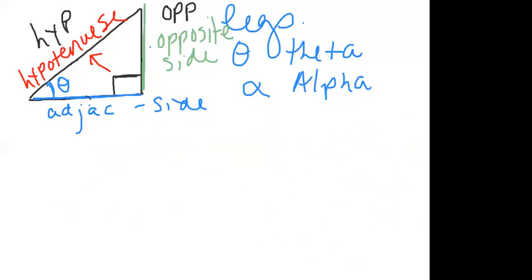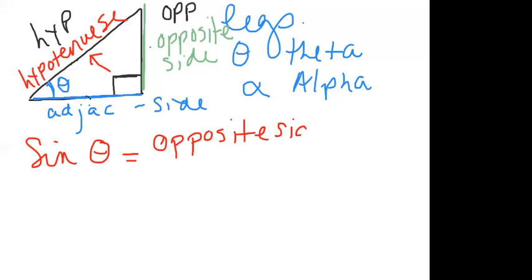All right, so theta. Let's talk about theta and the 3 basic trig ratios, okay, guys? So I am going to start with sine. Now, sine of an angle, and we're using angle theta, is defined as the opposite side, the side away from the angle, over the length of the hypotenuse.